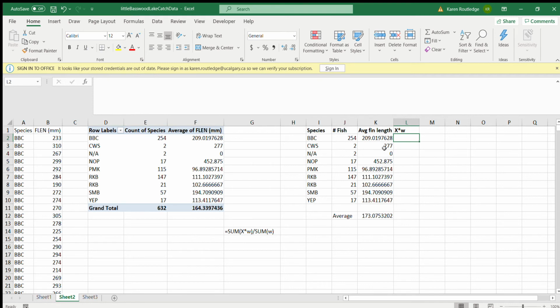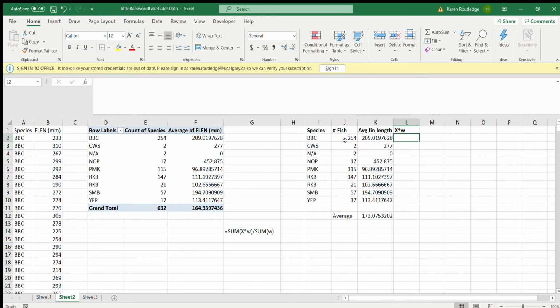The average fin length is the number we actually care about. And then we're going to adjust these according to how many data contributed to that average. So the number of fish is going to be our weight. This is just a slight variation to some of the data sets we've seen, where this is a survey result or something like that, and this is the number of respondents or a total population.